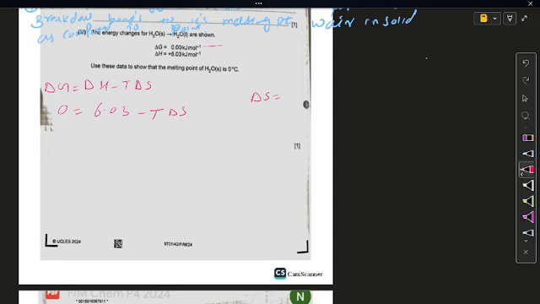Delta S of that equation is written as product minus reactant: delta S of H2O in the liquid state minus delta S of H2O in the solid state.